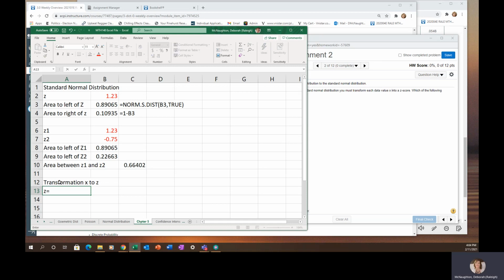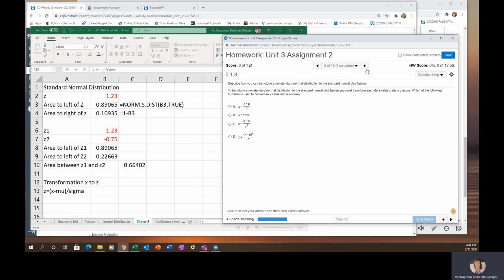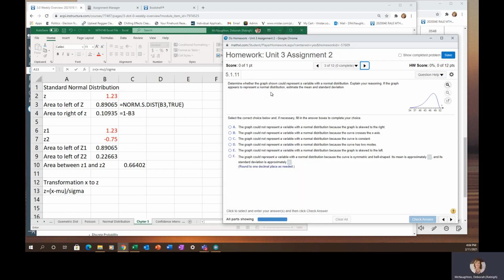Z equals X minus mu divided by sigma. Okay, and then this one just asks you, is this a normal distribution?